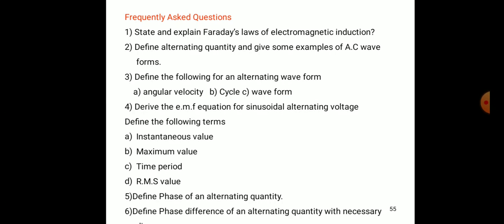Whenever we connect in parallel, we need to find the equivalent effect of the parallel circuit. By using the parallel formula, we can calculate and simplify the circuit. So all these things we are going to discuss in the next class.